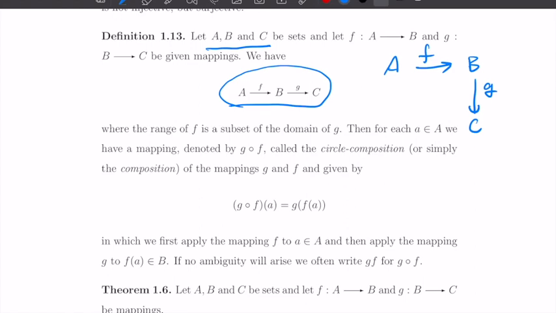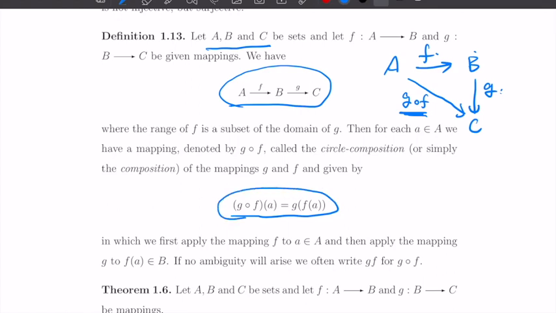The codomain of f is B, but this B is the domain of g. Then we can combine this mapping f and this mapping g and define a new mapping called g circle f. This is a new mapping which is defined by this rule.